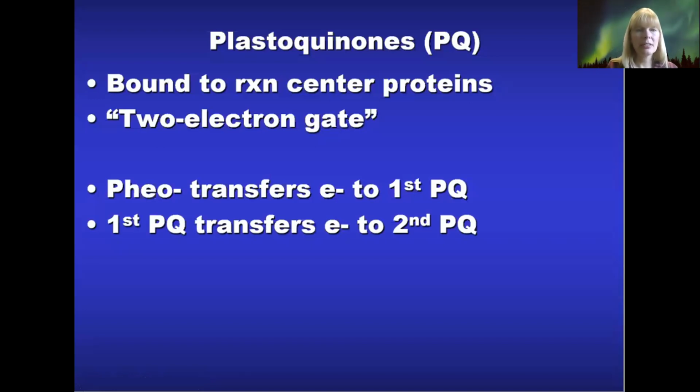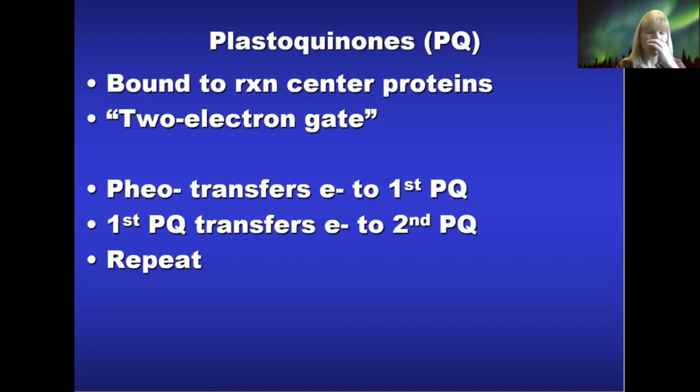And so that happens, and then it has to all repeat all the way back to photosystem 2 getting hit with light energy, the electron from the reaction center chlorophyll excited, given to pheophytin, then water gets stripped of electrons, electrons given to the chlorophyll, pheophytin moves to plastoquinone, does this all over again. So if you repeat all of that, then that second plastoquinone will end up with 2 electrons. And that's good, but it's not quite finished yet, because in order to be chemically stable, that plastoquinone can't just pick up 2 electrons.